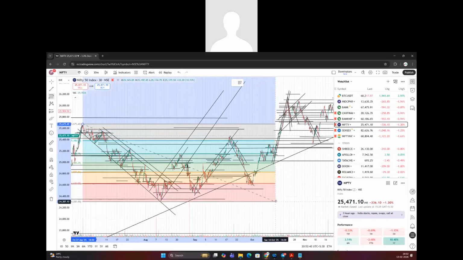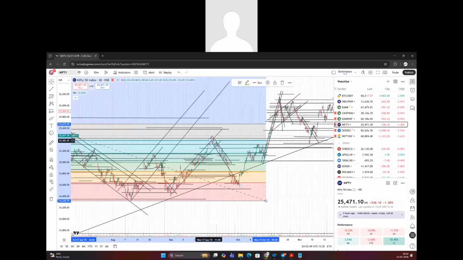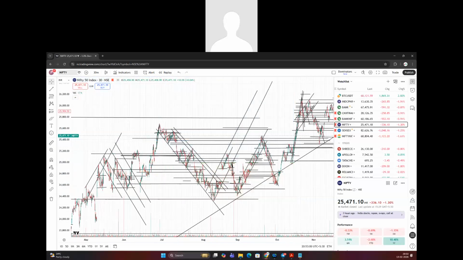High. Low. Touched 0.786, but it wasn't able to cross this particular level to touch 1. From there, reversed. Yes, why not?